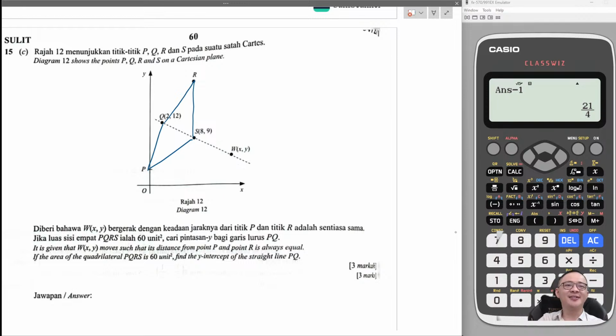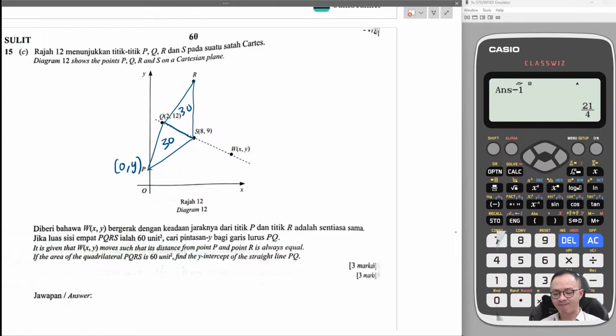This one is 60. If this one is 60, maybe I can take half of the triangle. Not enough information otherwise. This is 30 and 30, right? Because they are definitely congruent triangles because of symmetry. Here at least I have one coordinate, x is 0, y is unknown.